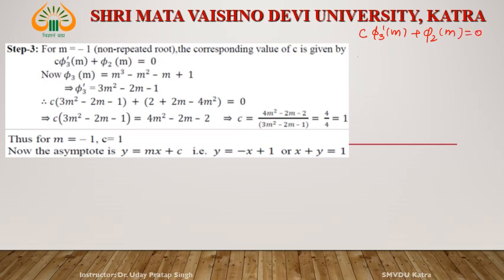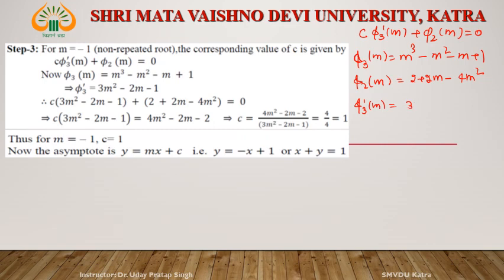Now, what is phi 3 m? Phi 3 m is equal to m cube minus m square minus m plus 1. What is phi 2 m? This is equal to 2 plus 2m minus 4m square, right? Phi 3 dash m.